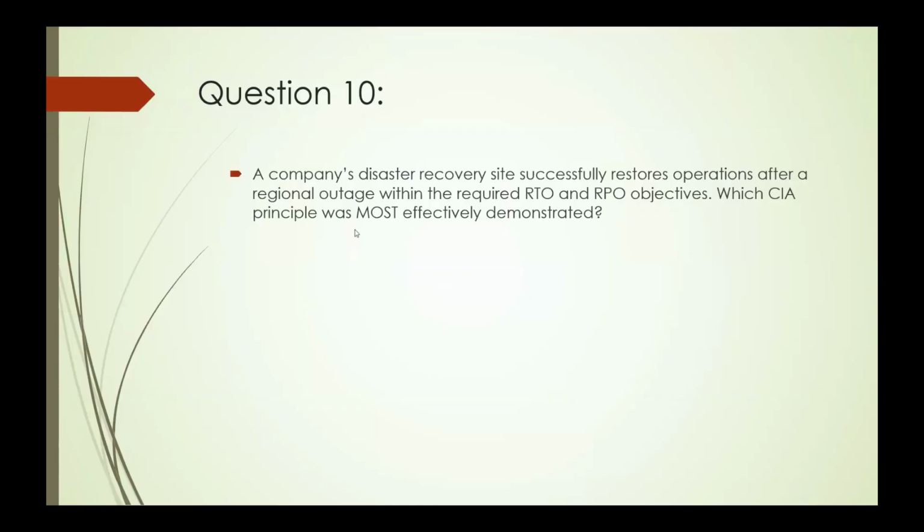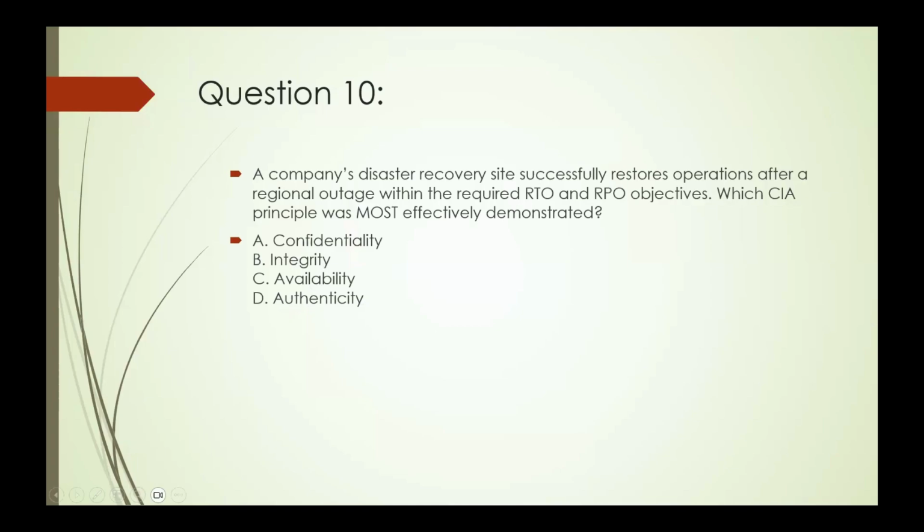So, which CIA principle was most effectively demonstrated? Read the question again. A company's disaster recovery site successfully restores operations after a regional outage within the required RTO and RPO objectives. Which principle was most effectively demonstrated among CIA? Among CIA, authenticity is not there, so eliminate that.